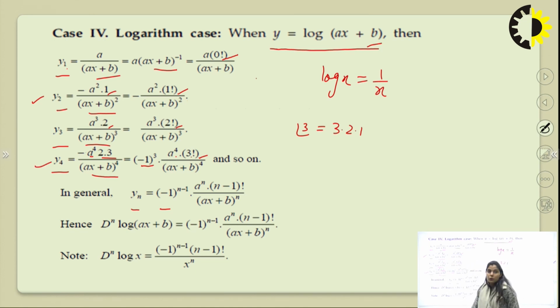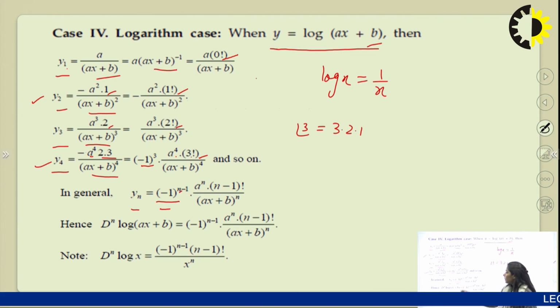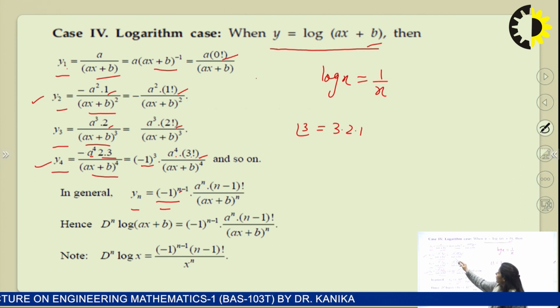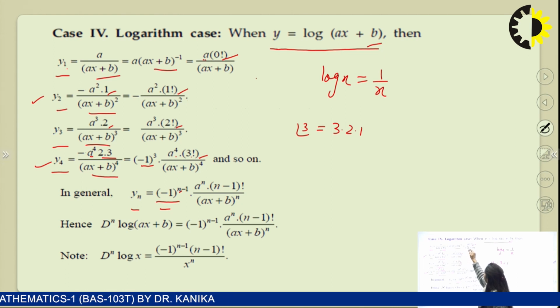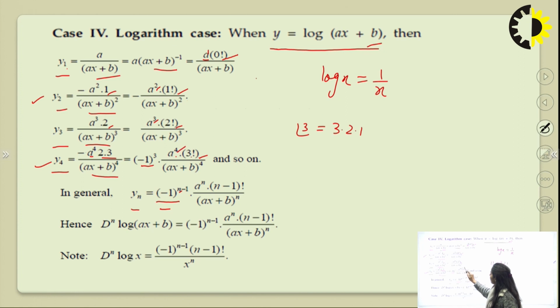So we will write minus 1 power n minus 1, because if we put an odd number here then we will get positive, and if we put an even number here then we will get negative 1. So now a power: in y1, a power 1, in y2 a power 2, in y3 a power 3, in y4 a power 4, and so on. In yn here will be a power n.